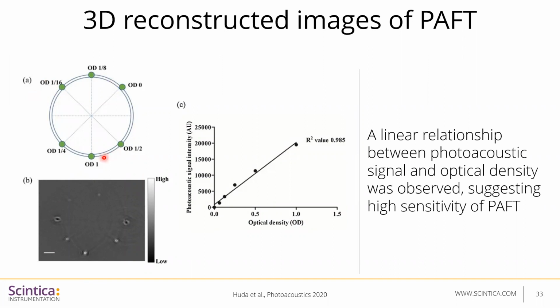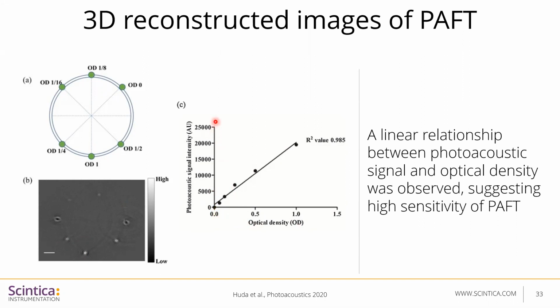This phantom was then imaged using PAFT, and the image was reconstructed with the slice in the Z direction of 150. The brightest signal is from the OD of 1, and there was no signal where the OD was 0. The variation of signal intensity with optical density was plotted.